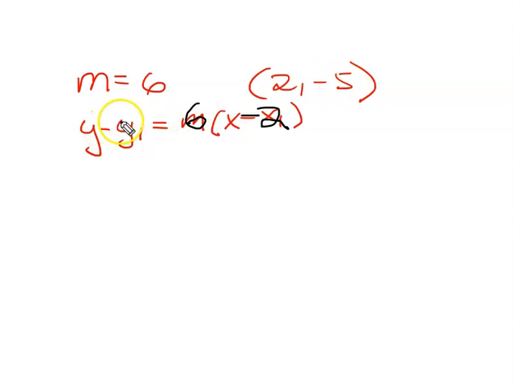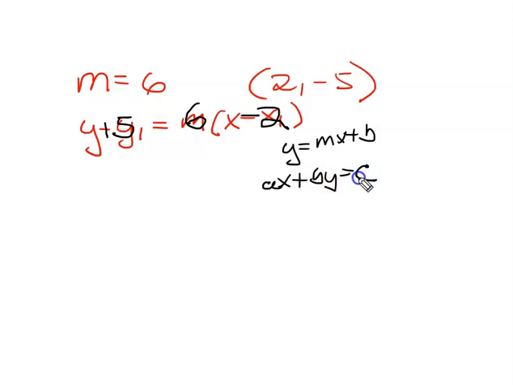So we put negative, and another negative here makes this actually a positive 5. Now from this we want to put it in, let's say, slope-intercept form, y equals mx plus b, and then later standard form, ax plus by equals c.